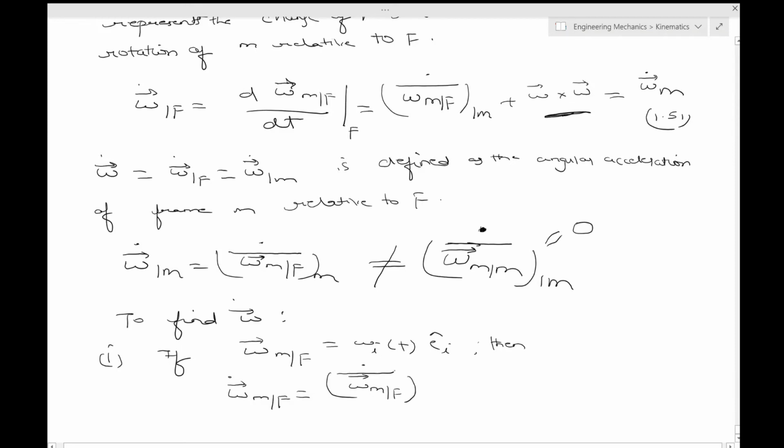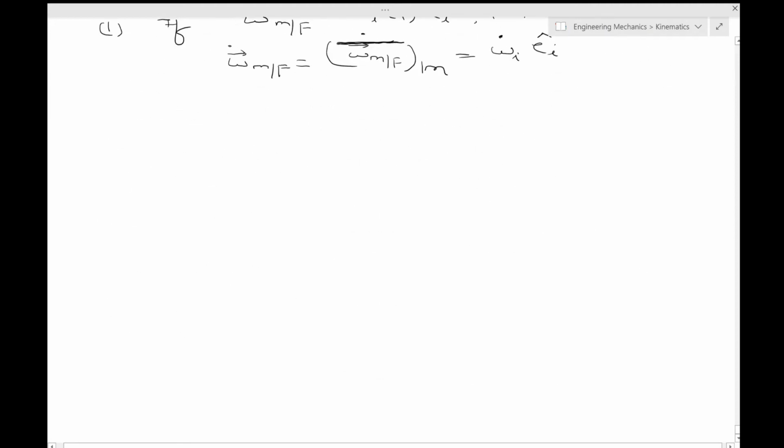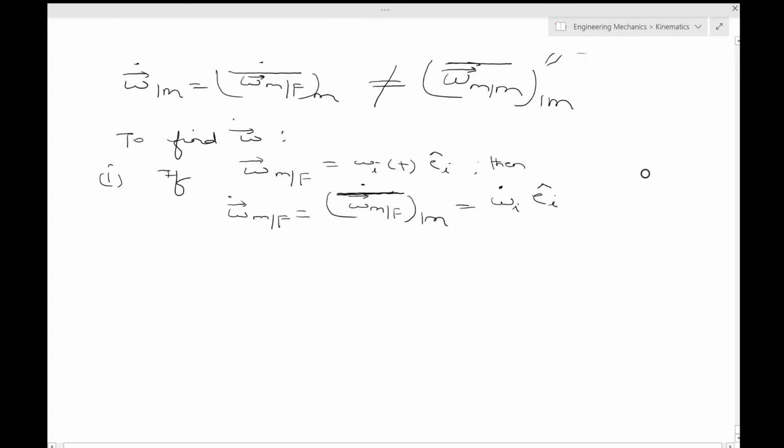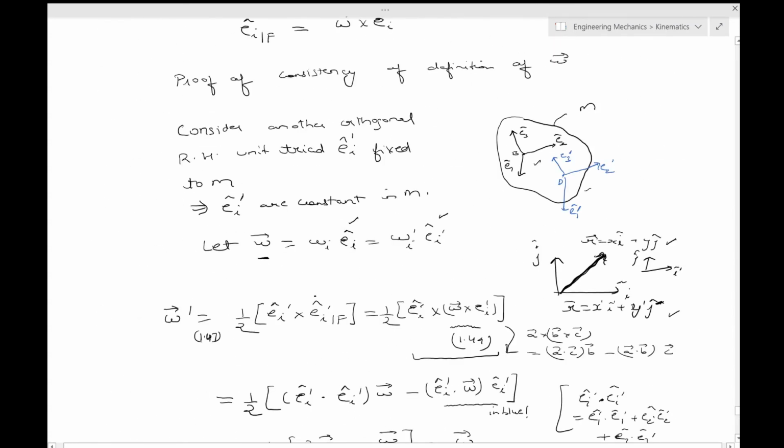This overhead bar just shows that the entire thing is a derivative with respect to time, otherwise it's always a confusion. This is because e I dot in the M frame will be 0, that's why those terms are not coming up.